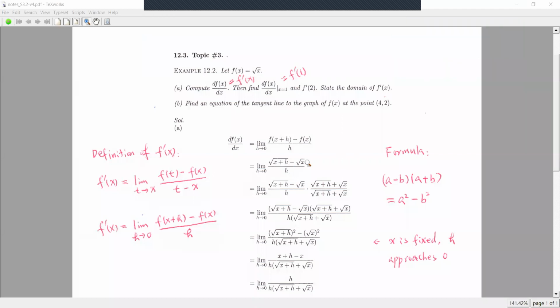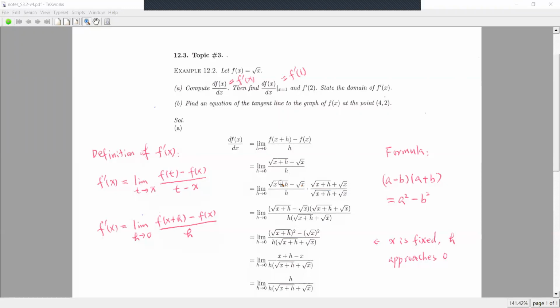Because the numerator is a square root minus a square root, I use algebraic conjugate to simplify this fraction. That is, I use this formula. I use a square and b square to cancel the square root. View the numerator as a minus b.